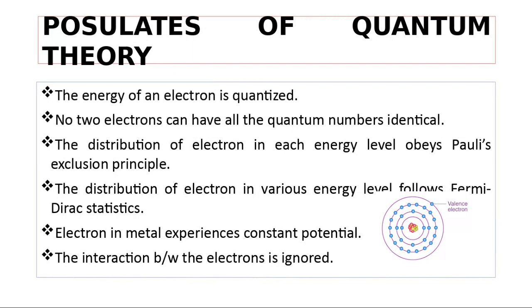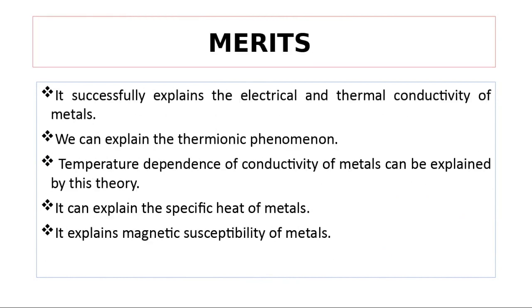So here we are doing just the basic part of the quantum theory and classical theory of free electrons. Now the merits of the quantum theory: it explains phenomena that were not explained in the classical theory. For example, the heat capacity or specific heat of matter was not explained in the classical theory; the expressions they got did not match the experimental values.